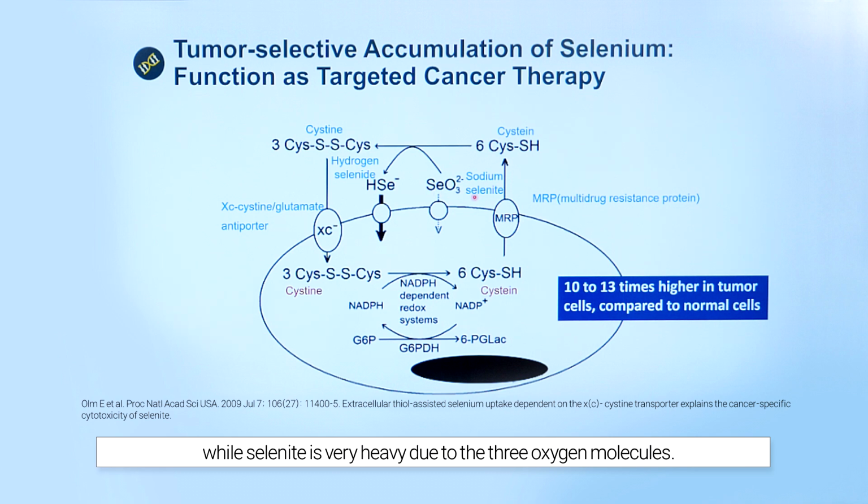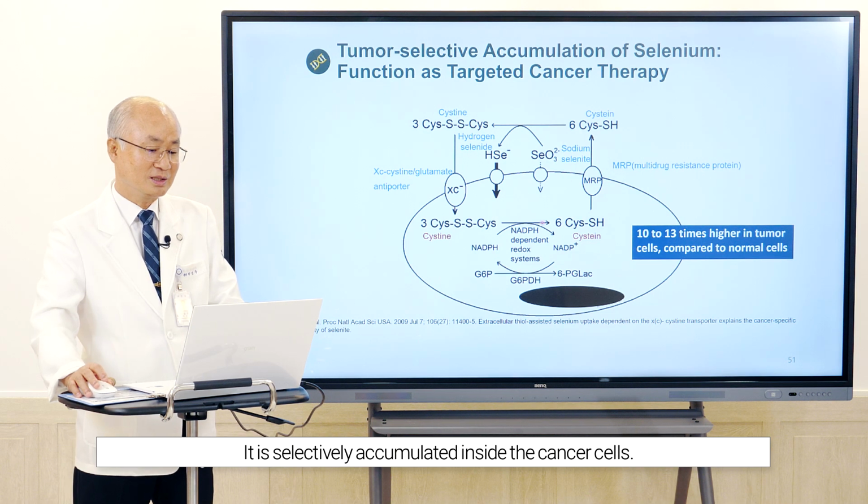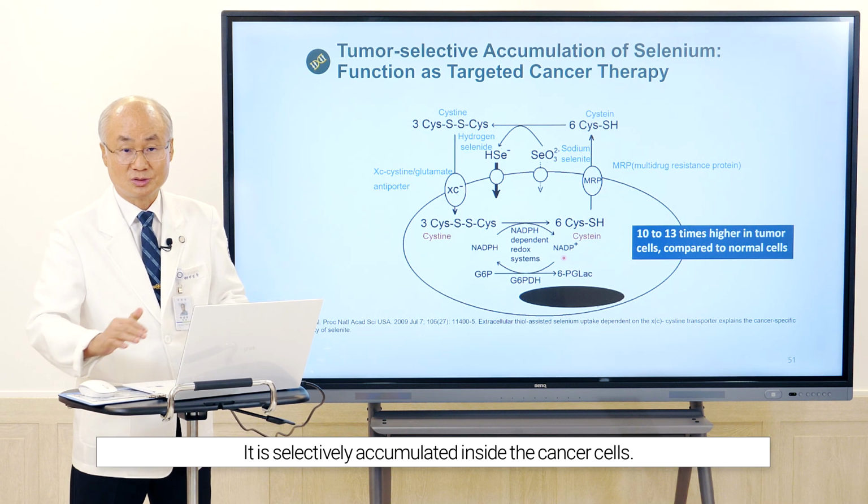Selenite is very heavy with 3 molecules of oxygen. This one cannot enter easily, but this one can enter into the cancer cell very well. You can get my point? That's why it can be accumulated inside the tumor cells 10 to 13 times higher than in normal cells. So it is selectively accumulated inside the cancer cells.